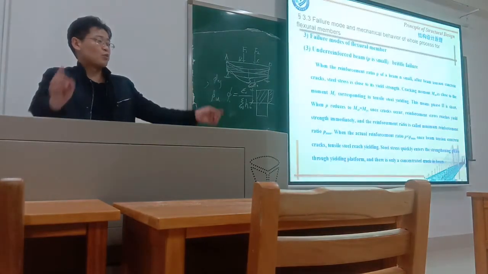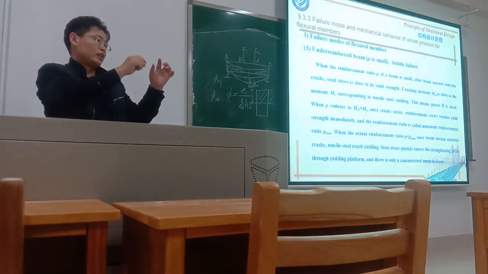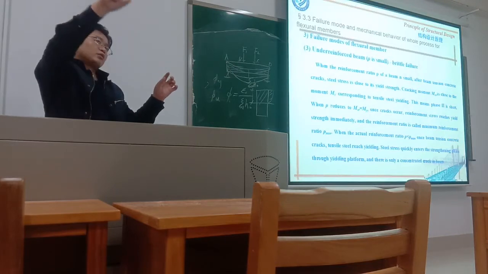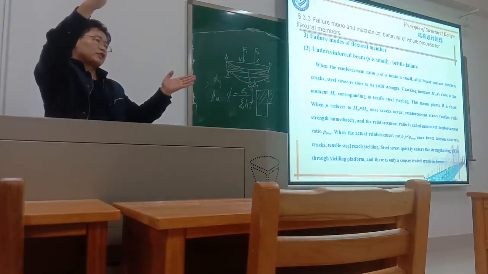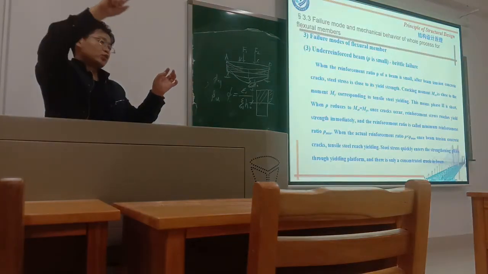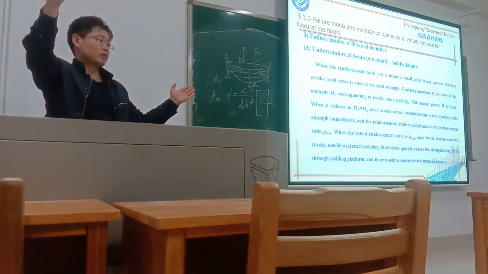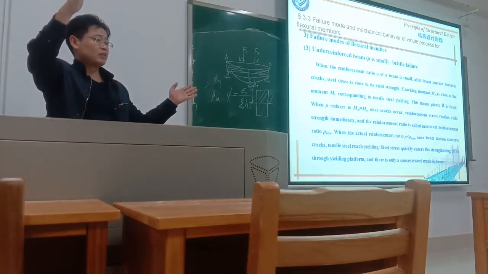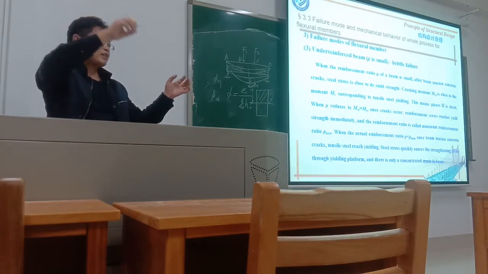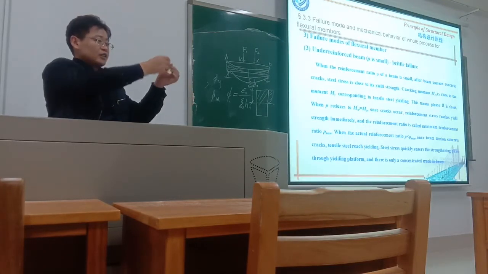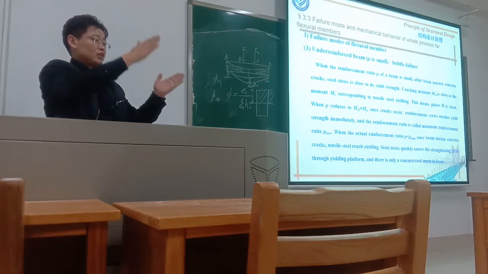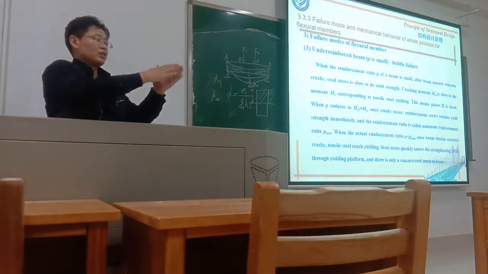Normally, once the crack appears, there is a relatively long phase 2 before the steel reaches the yield strength. But now, once the crack appears, suddenly the steel reaches the yield strength. The phase 2 could become very, very short.